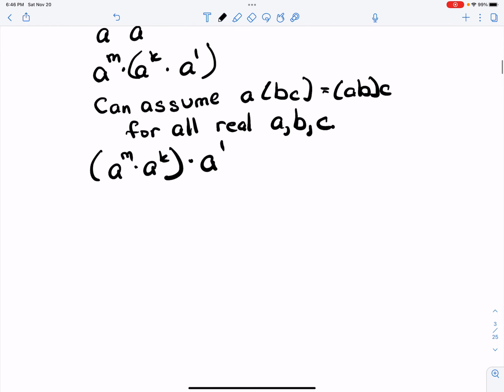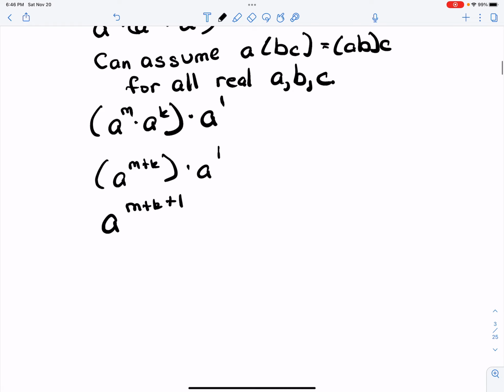Well, just by multiplying with exponents, you can rewrite this as a to the m plus k times a to the first. And then getting back to the whole multiplying exponents, you could say a to the m plus k plus 1. Well, there you go.